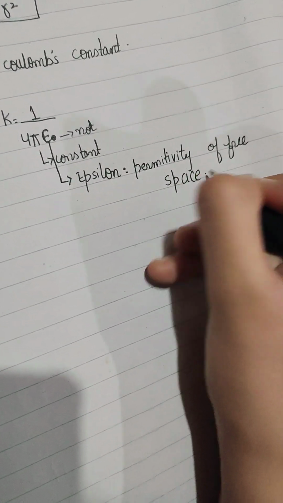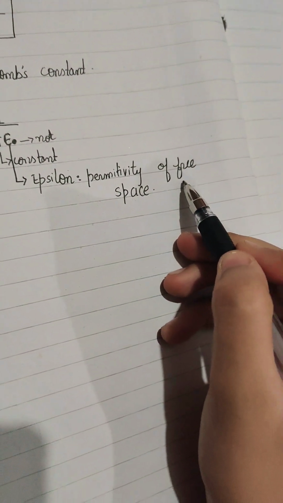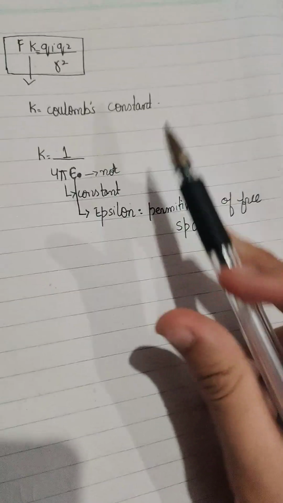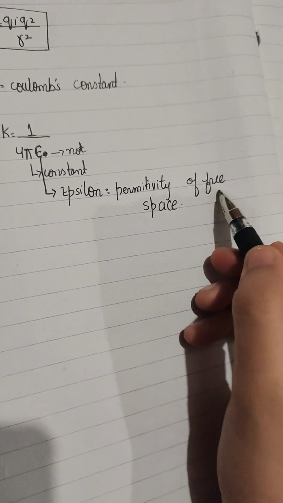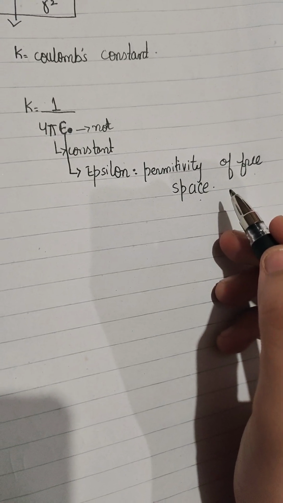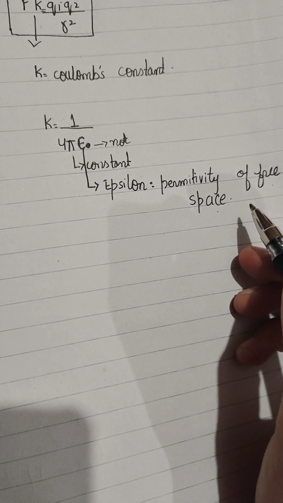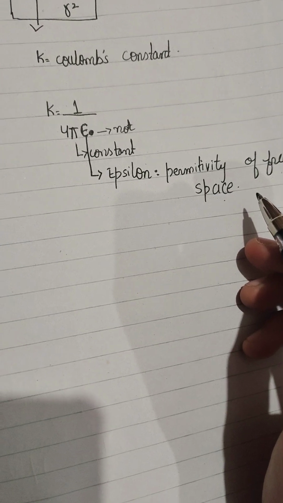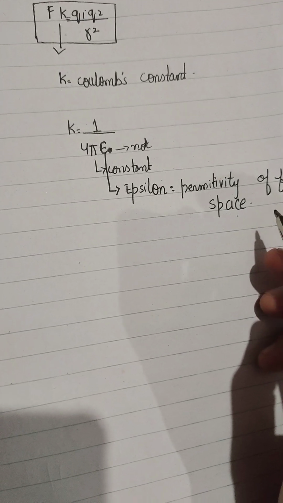Now what is permittivity of free space? It means free space permits, or allows, the electrostatic force.